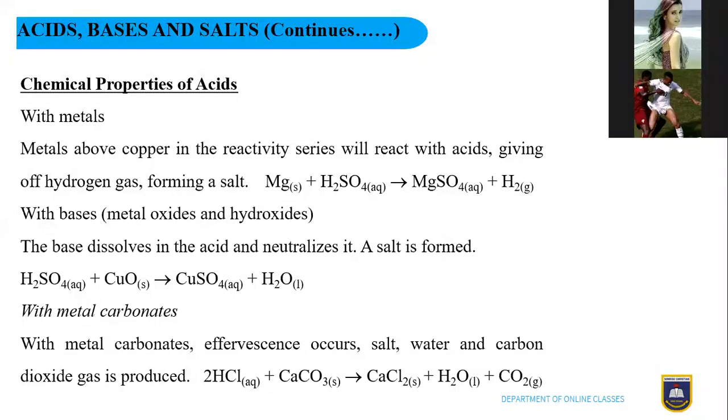Then reaction with bases: anytime they react with bases, they form salt and water only, the process we call neutralization reaction generally. Then reaction with metal carbonates: anytime they react with metal carbonates, carbon dioxide gas is always evolved. There is effervescence, which is the bubbling or evolution of gases.